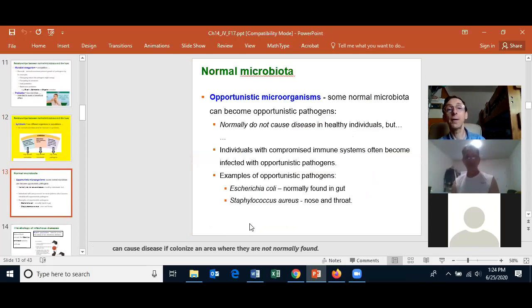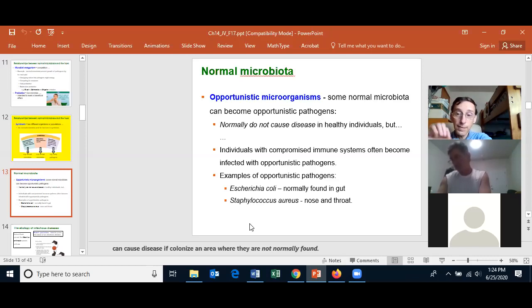So the normal microbiota do not normally cause disease, but they can be opportunistic. An opportunistic microorganism is one of the normal microbiota that does not normally cause disease, at least in healthy individuals, but under certain circumstances they can cause disease. Like if they colonize an area where they're not normally found.